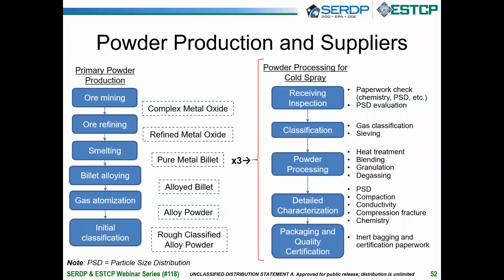We blend things, we granulate things, we do heat treatment and sieving and so forth. And we've established suppliers who can do this with a wide number of different primary powder producers. So we're not locked into any one primary powder producer. Wherever that powder needs to come from, it can come from, and we can process it in such a specific way in order to make it cold sprayable.